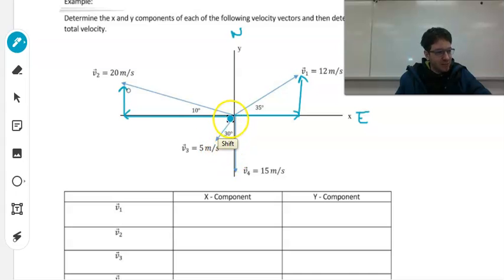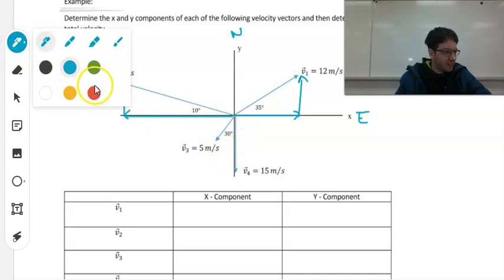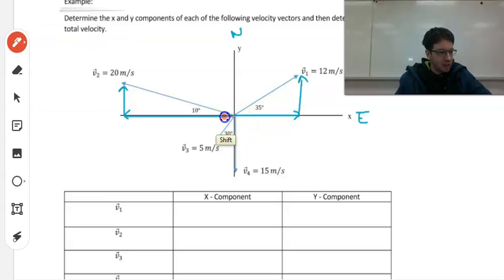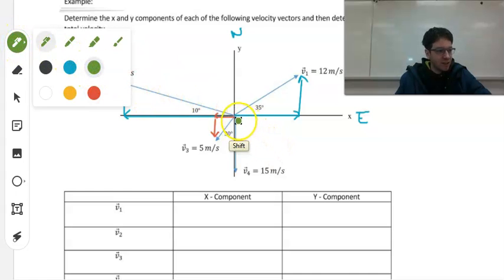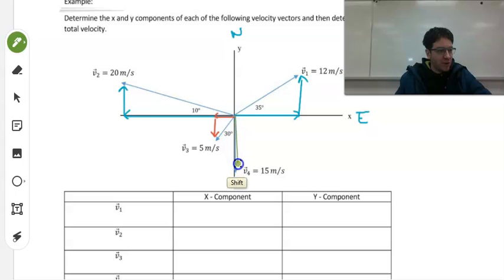V3, same. I'll use a different color here. They're going to overlap. Here's our x, and there is our y. And then V4, again, change the color. This one is only in y, so we only have a y component. The x component is just 0. Okay, so we've drawn all of our x and y components for each vector.